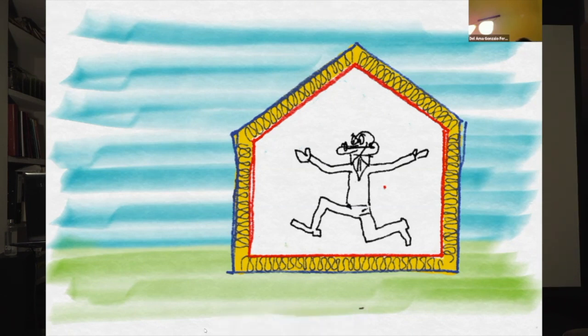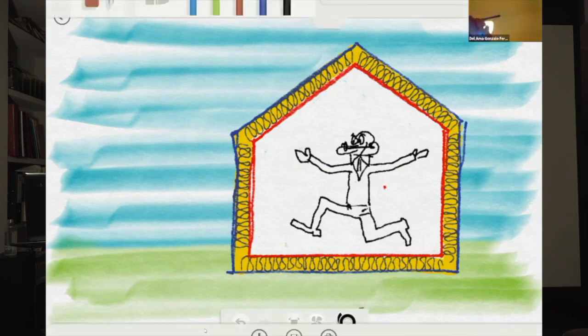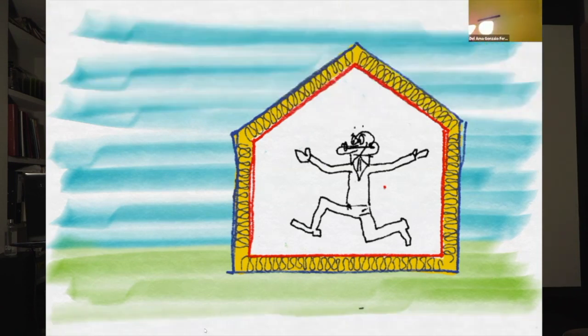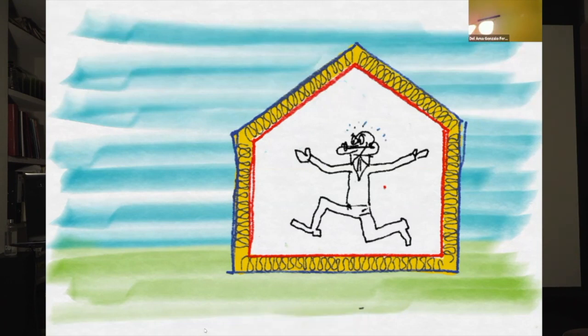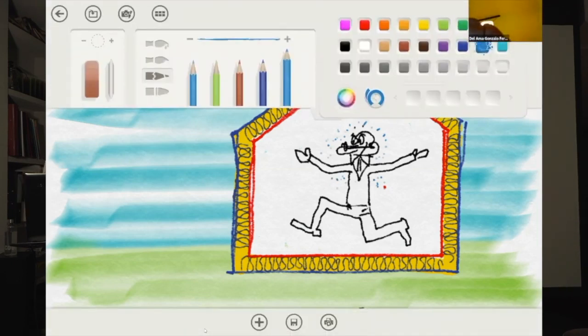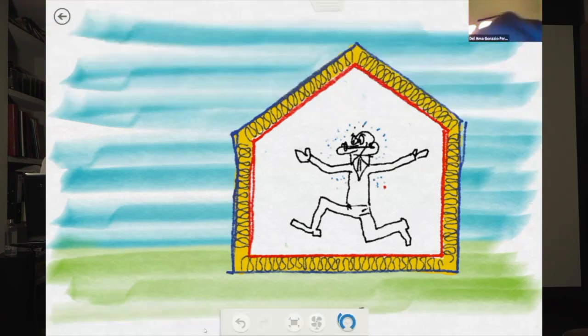I don't know, there are different kinds of people and different kinds of activities. So when we are performing an activity within the building, what do we do? We sweat, usually. So we are increasing the relative humidity of the indoor air.